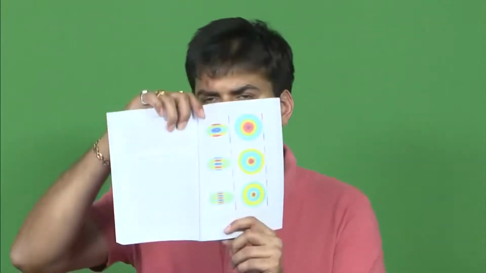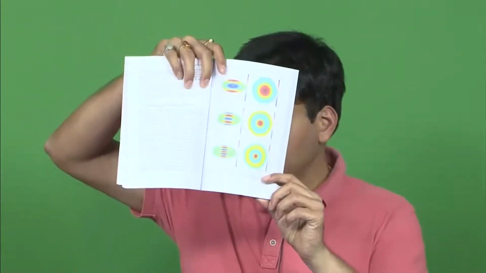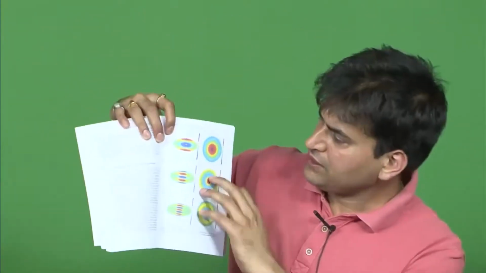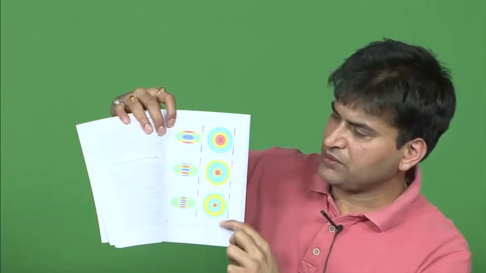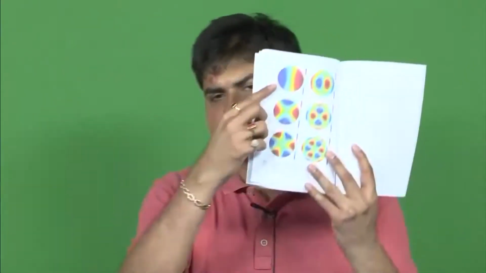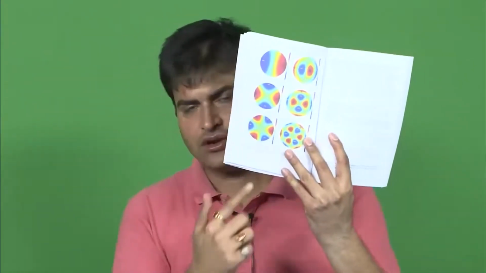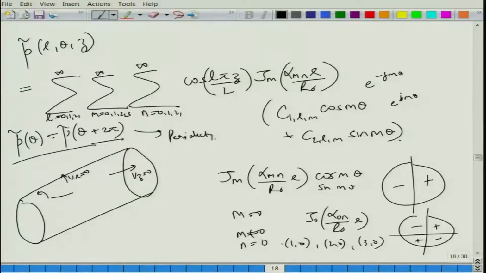So, you see, these are the radial mode shapes of a circular chamber. We can also have a look at the PDF file sometime later, and these are your circumferential modes in the first column, with plus, minus, plus alternating signs, and then you have your cross modes when m and n are both non-zero.